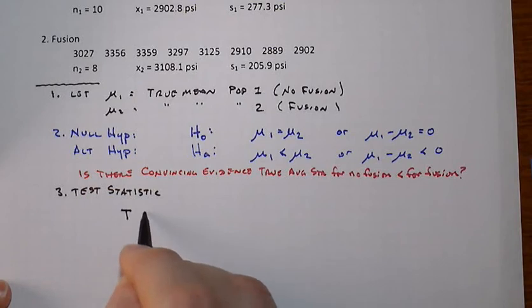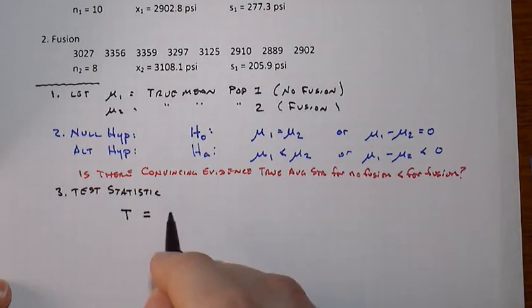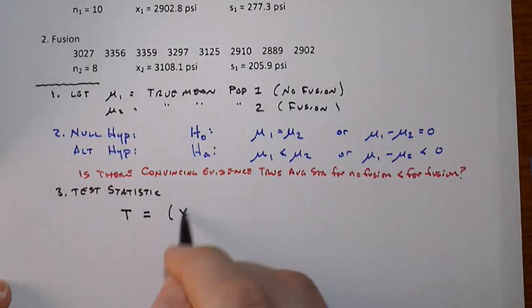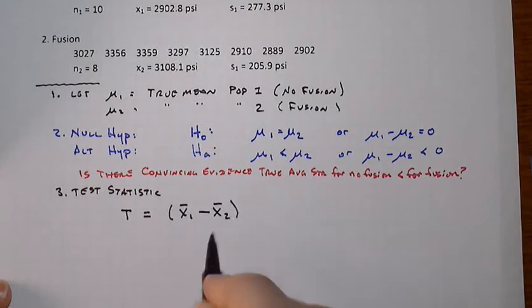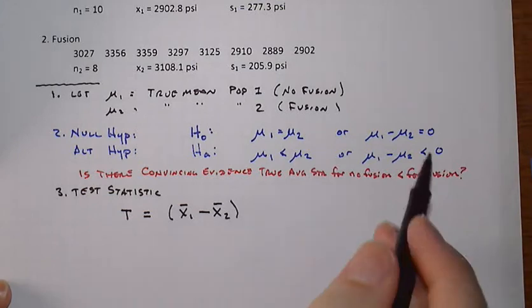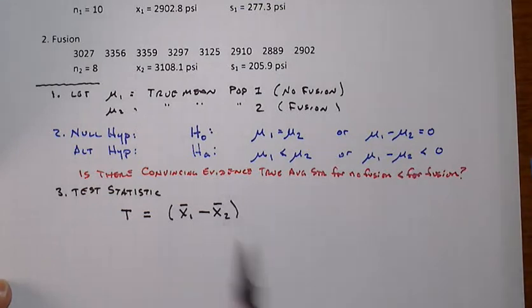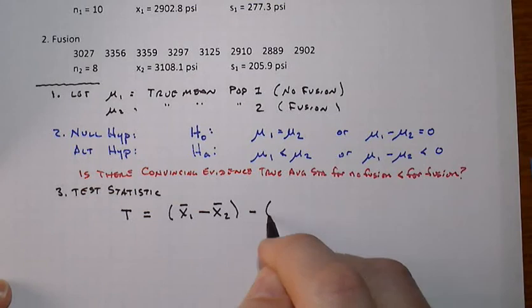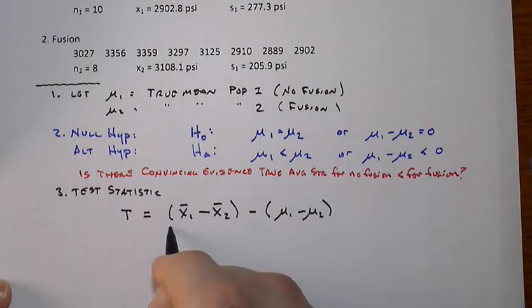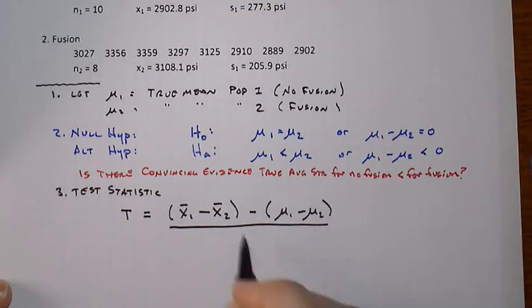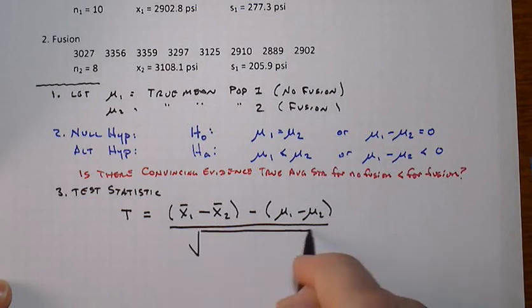And so we'll define our test statistic to be the difference in the two means. In whatever order you choose, way back in your definitions up here, you want to keep the same order here, minus then the mean of that difference, so mu1 minus mu2 in general. Then we're going to have our standard deviation down at the bottom.